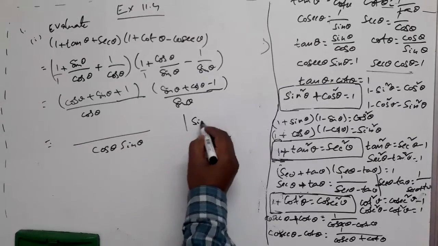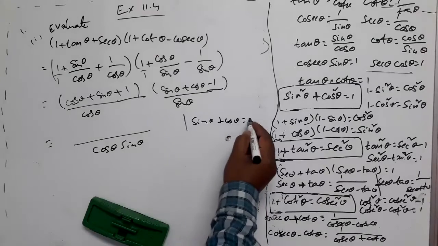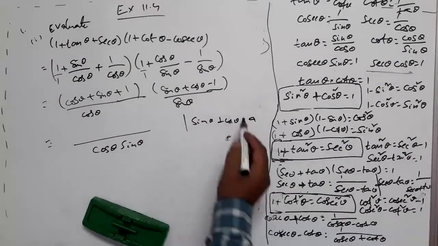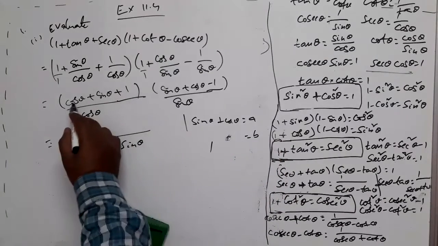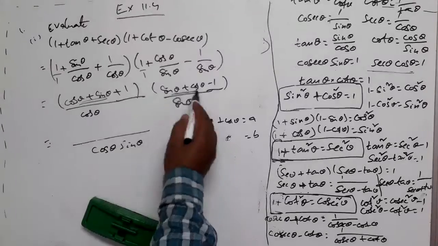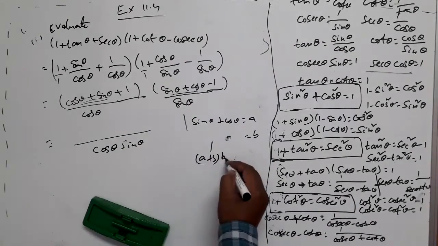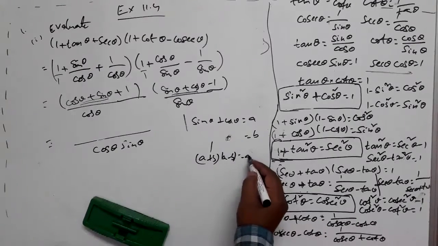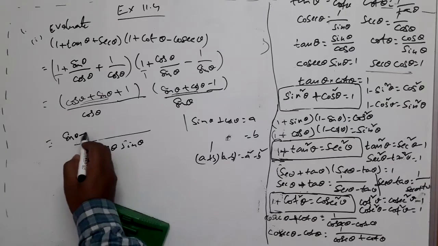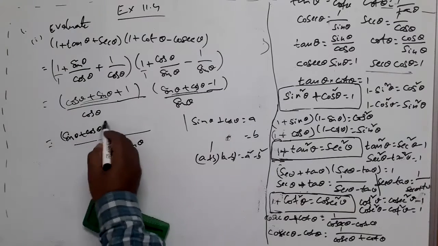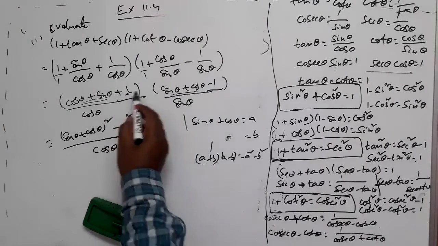Let us consider sin theta plus cos theta as some a, and 1 as b. Now you are able to see this as a plus 1, a minus 1, or a plus b multiplied by a minus b. What can you write? A square minus b square, right? So I will write it as sin theta plus cos theta whole square minus 1 square. Yes, 1 is b here, right?